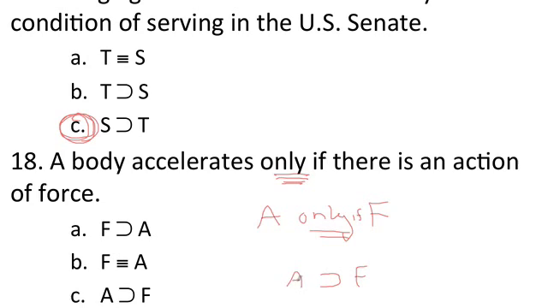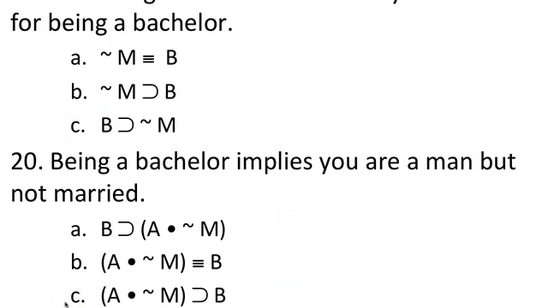So we have a horseshoe F. And the last two, not being married is a necessary condition for being a bachelor. We know that a necessary condition is translated on the right side of the horseshoe.